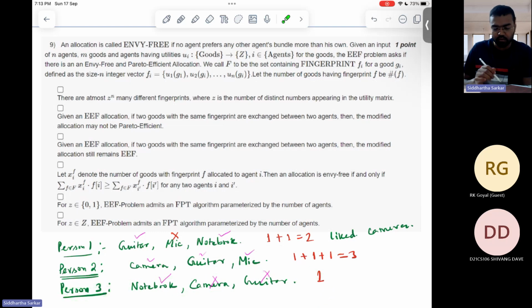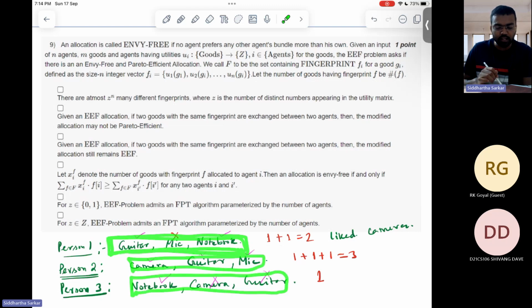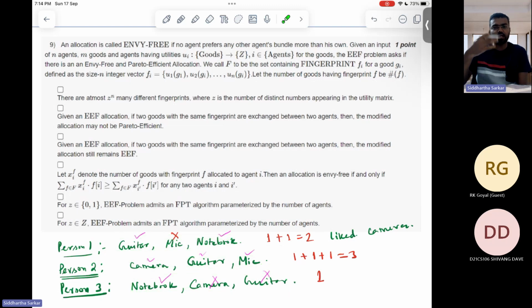So that kind of allocation is not NV-free. NV-free means whatever the person has obtained, in his evaluation, he has got the best utility, because every other bundle is worth equal or less than what he has obtained in his perception. So if an allocation is not NV-free, then how can it be an optimal solution?